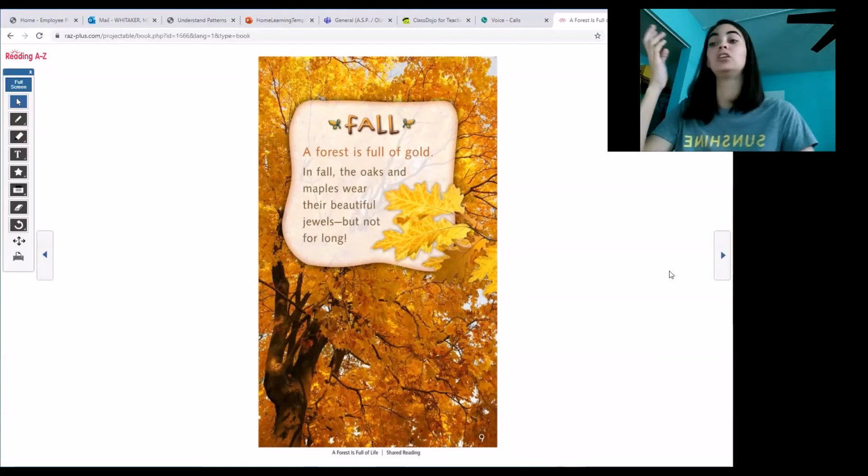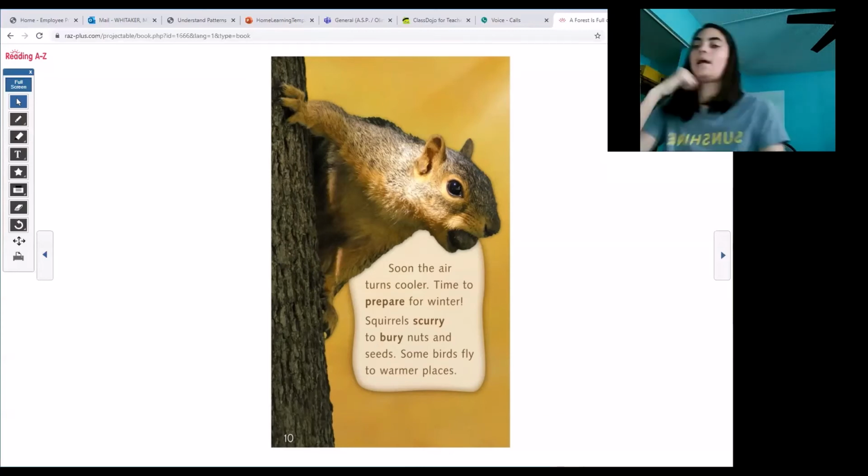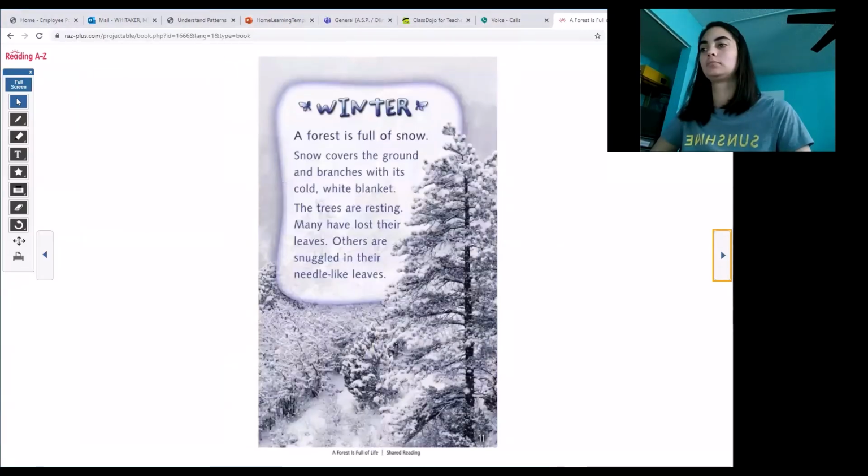There you have fall this year. Soon the air turns cooler. Time for winter. Squirrels scurry to bury berries and search for more places. Oh, now it's on winter.